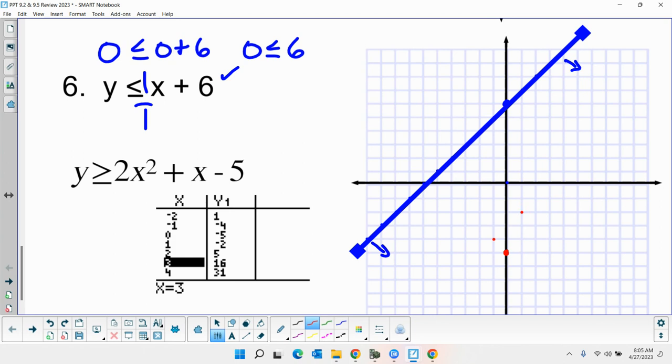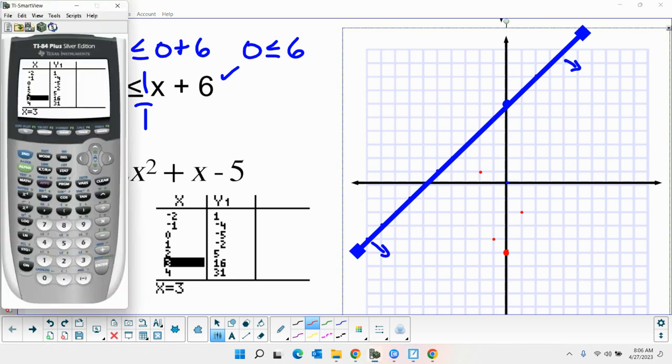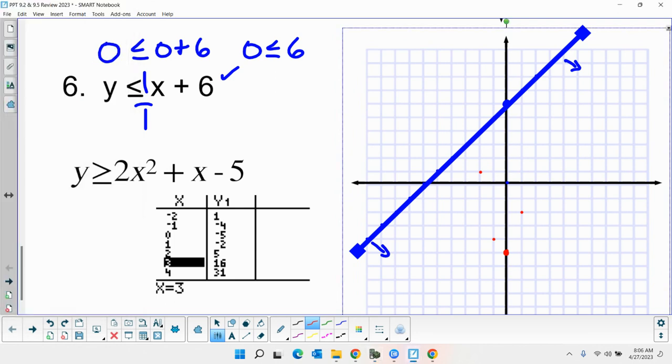Kind of hard to tell where the bottom is, huh? 2, 5. How about -2, 1? So the bottom's not at 0, -5. Let's look at the graph again so I get it halfway decent. It's just the bottom's a little to the right here. So it kind of goes like this.